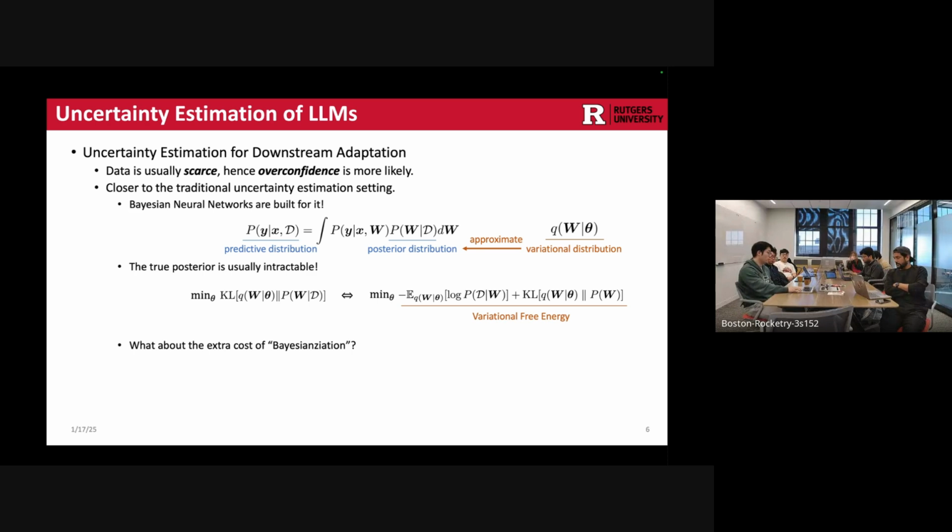What is the extra cost? It's the large amount of extra parameters to be modeled. If you think of Q of W as a Gaussian distribution, even with a diagonal covariance matrix, you need to pay double for your parameters. You have a 7 billion parameter large language model, and now you need 14 billion parameters, which is not cheap.